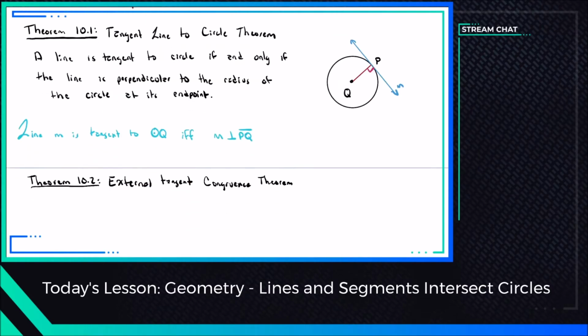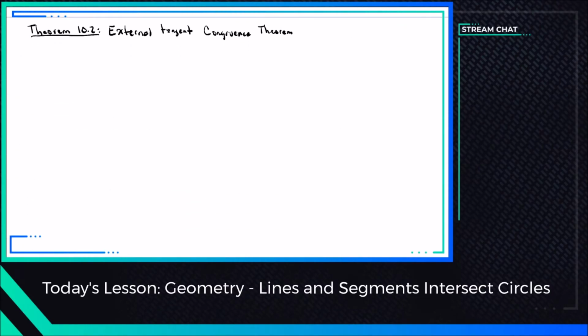And that's what the external tangent congruence theorem is going to state: tangent segments from a common external point are congruent.